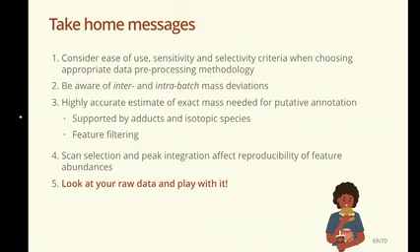We also look at how we treat our data from a feature abundance perspective towards reproducibility. And just to say it very simply: look at your raw data, play with it, understand it. It takes time, but treat it with respect, because if you don't and you just blindly do your subsequent data analysis, it's just not right.